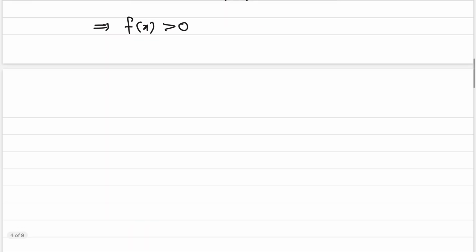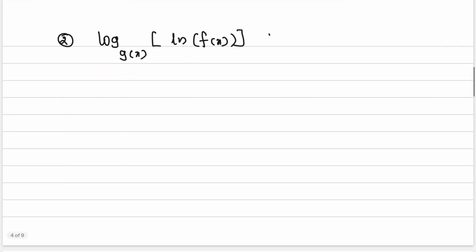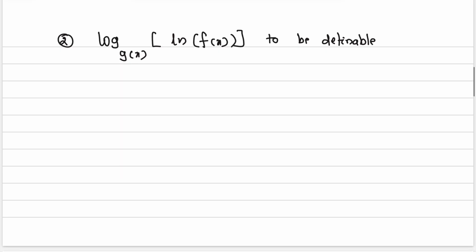Now, next comes the second step, the outer logarithm. The logarithm to the base g(x) of ln f(x) to be definable, compare it with log p to the base q.